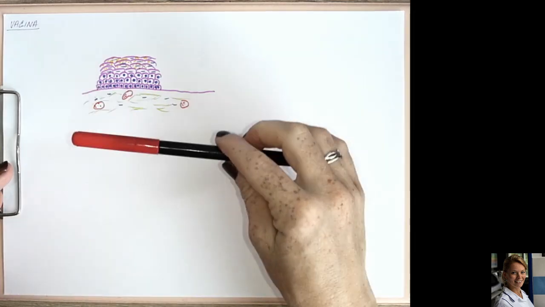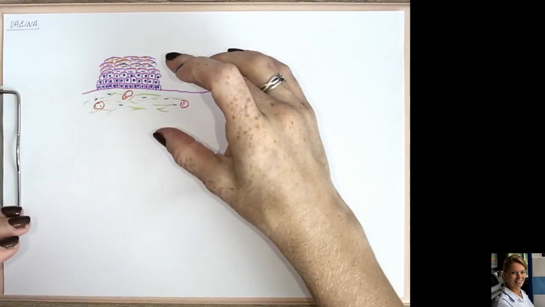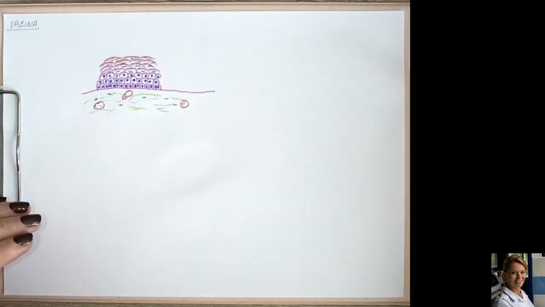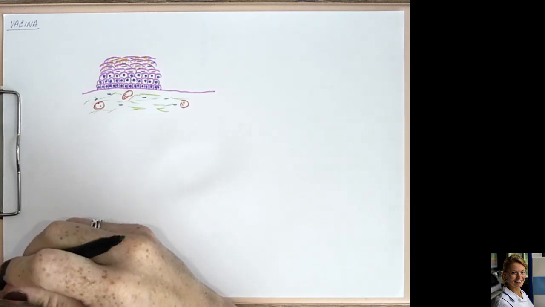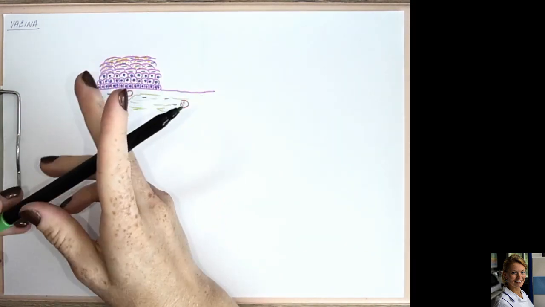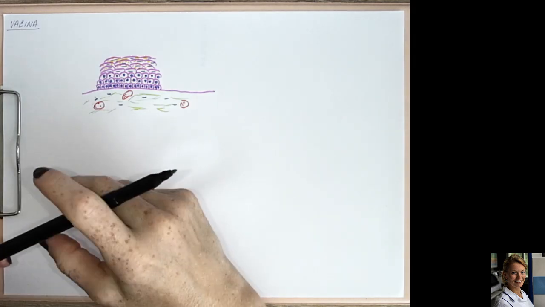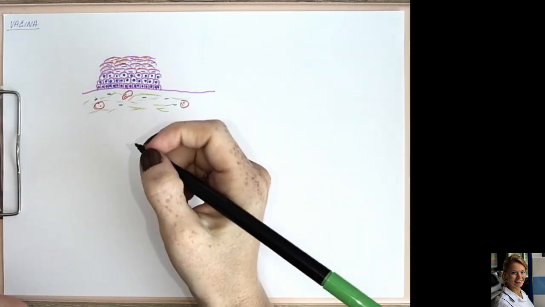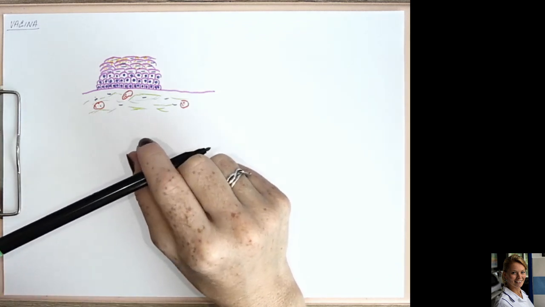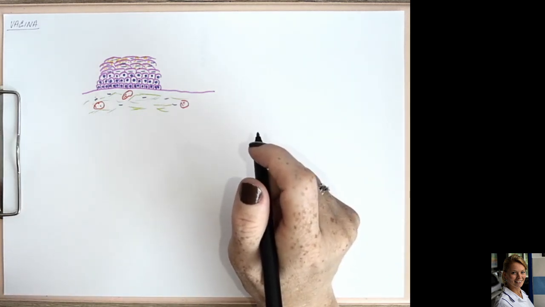Beneath the epithelium and lamina propria, there is another layer, a spongy layer. It's denser than lamina propria, contains many thin-walled veins that simulate erectile tissue during sexual arousal.